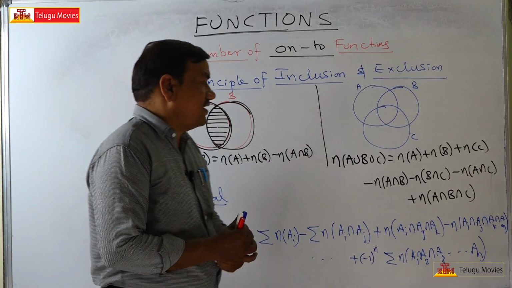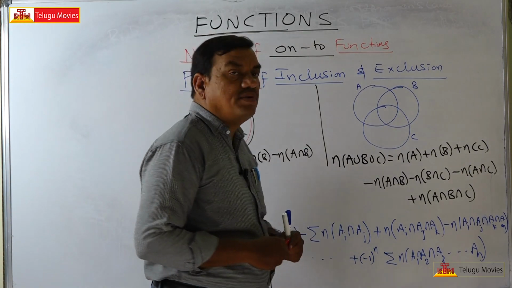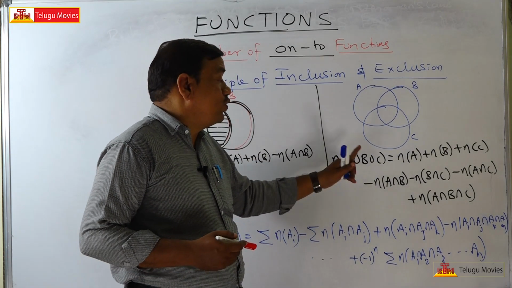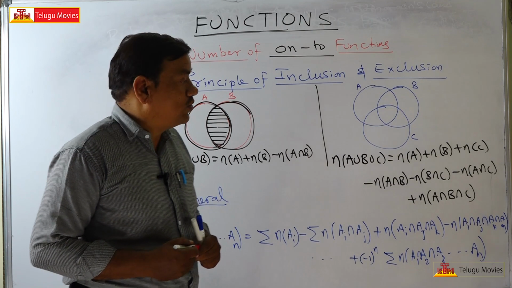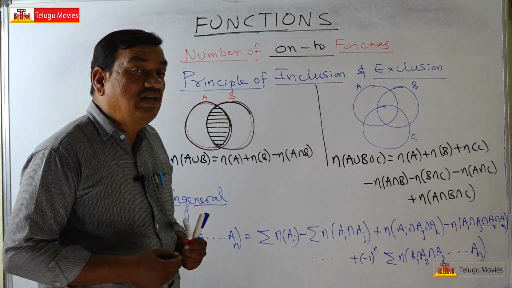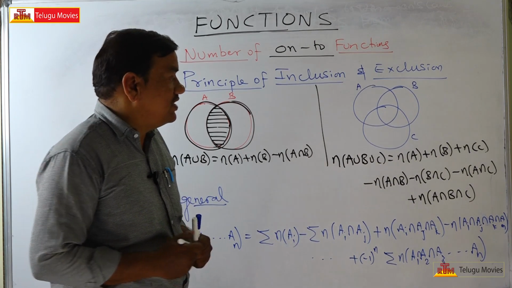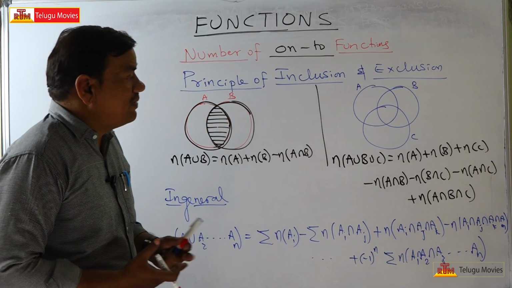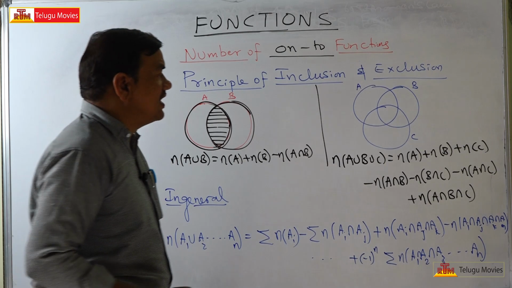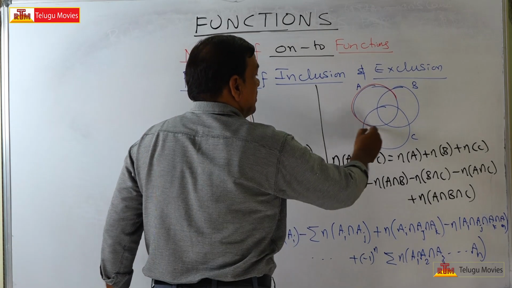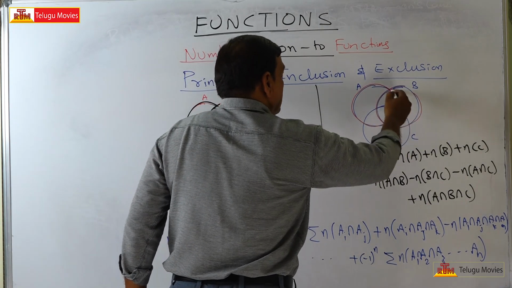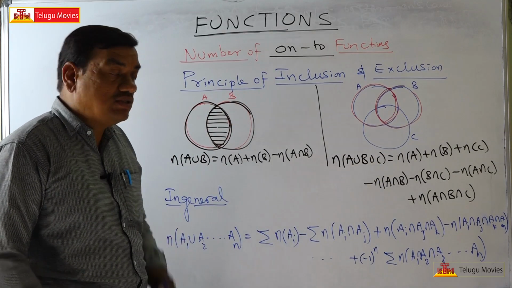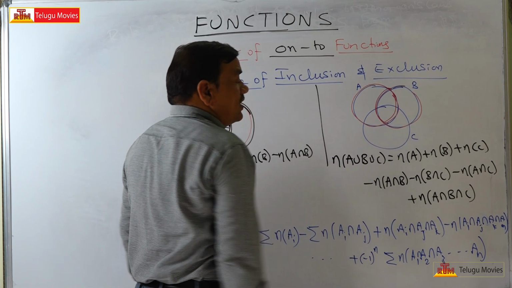If 3 sets are there, the same principle applies. So the number of elements present in A union B union C, that means the number of elements present in A or B or C, is equal to the well known formula: n of A plus n of B plus n of C minus n of A intersection B, minus n of B intersection C, minus n of A intersection C. In n of A plus n of B, you are counting A intersection B 2 times, that's why you subtract 1 time.